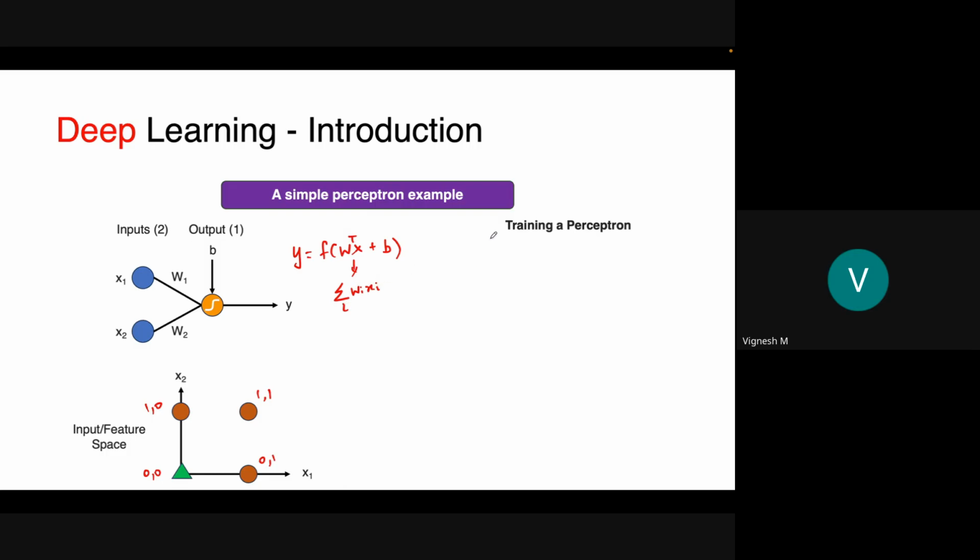Training a perceptron is very simple. All you have to do is give the input x. You want to train for the parameters wi and b, you get your y. You have the error between what the model predicted and your desired output, and then you feed the error back to the network to train the weights.